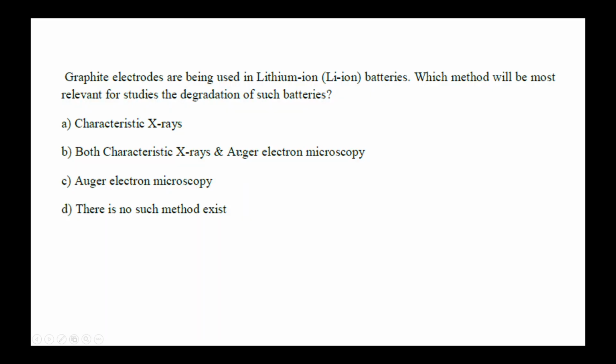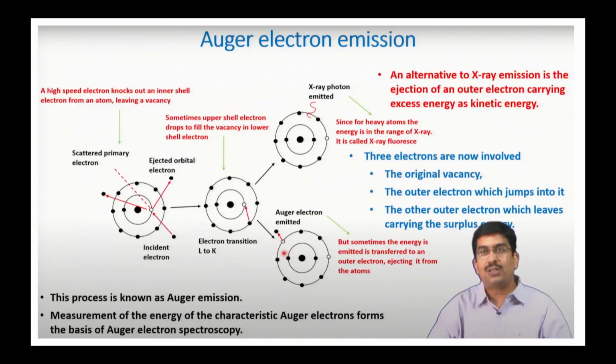So from the surface, if your battery is degrading, then there could be some changes in your surface, and that can be obtained from your Auger electron spectroscopy. You don't need to go to a very high depth. Okay, so that's why you can use Auger electron spectroscopy.